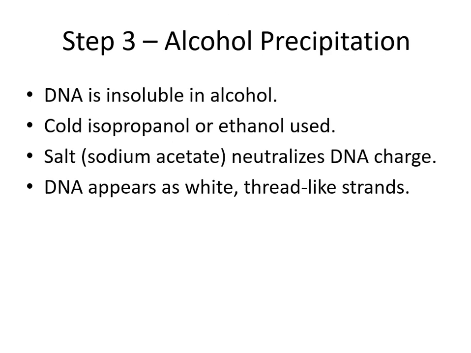For the precipitation of DNA in insoluble form, it is necessary to do treatment with alcohol. It is possible to use cold isopropanol or ethanol for the precipitation, and to neutralize the charge of DNA we can use a salt like sodium acetate.